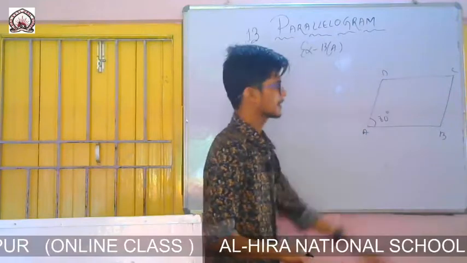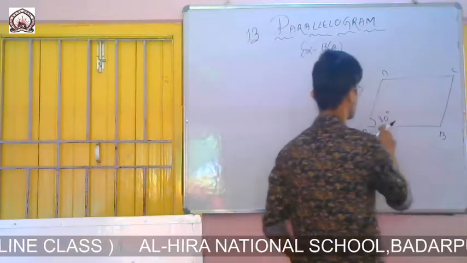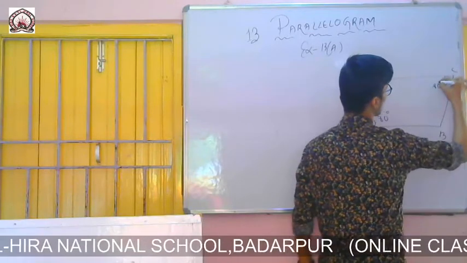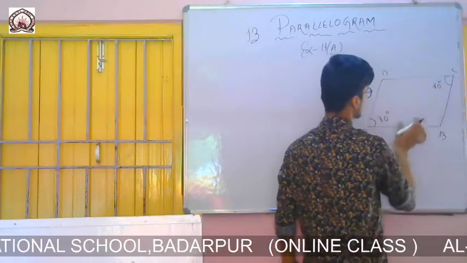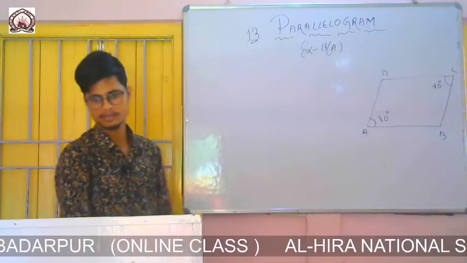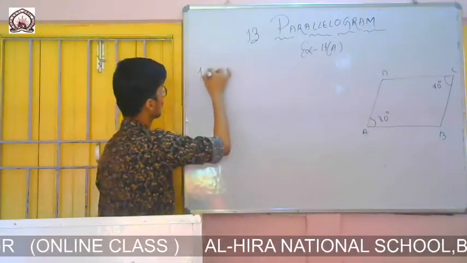four angles. This one I can easily find. If this is 80 degree, then angle C will also be 80 degree. But okay, let us leave this one. Let us find another angle from this side, then we can easily say all these angles.